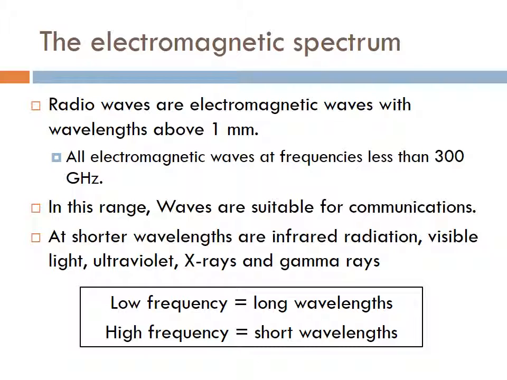So as we have said, lambda f is equal to the speed of propagation. This means that these two parameters are inversely proportional to each other. So we should know very well that low frequency waves have long wavelength, and high frequency waves have short wavelengths.